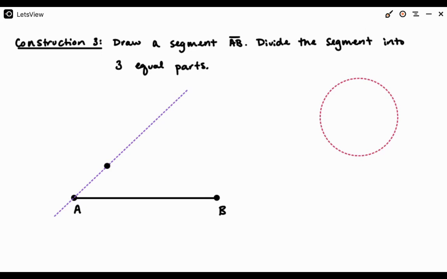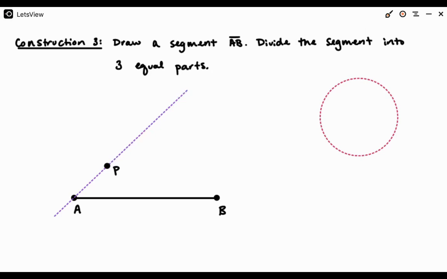Let's call this point P. Now I want to take AP and copy it 2 times. So I get 3 APs because I'm dividing into 3 parts, so I'm going to get AP, AP, AP.